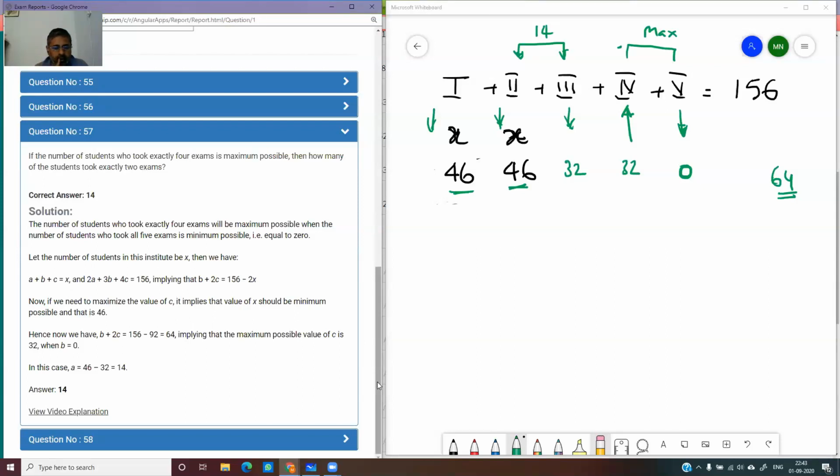I just wanted to ask about 46, when you're assuming it has to be the minimum for 1, I'm saying at least 1. There is no question of maximizing or minimizing students. The maximum number of students is 78 and the minimum number of students is 46.